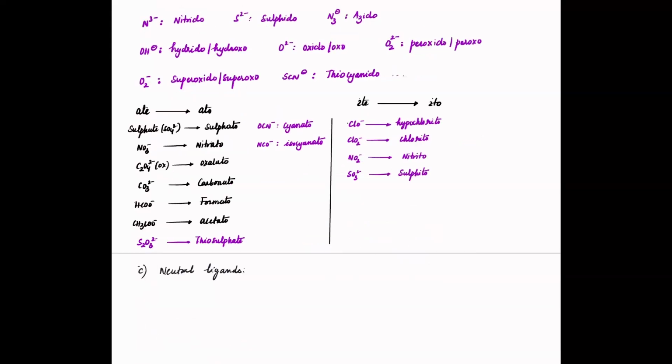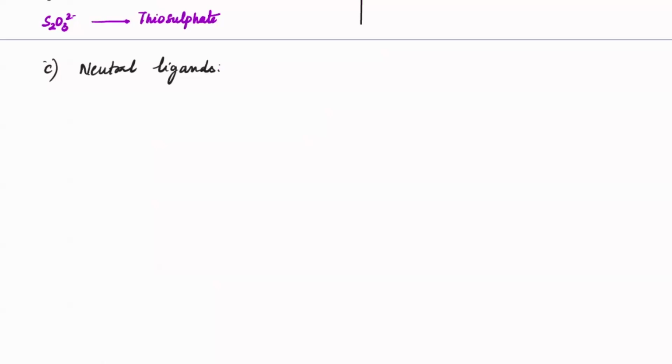See, next one. Neutral ligands. Neutral ligands where there is no charge on them. So in that case, we generally use common names. For example, H2O, you simply use it as aqua. NH3, we use it as ammine. Okay.